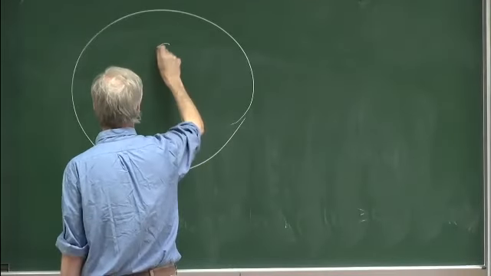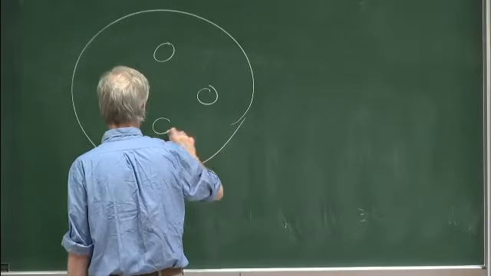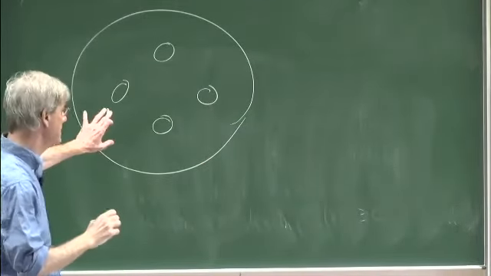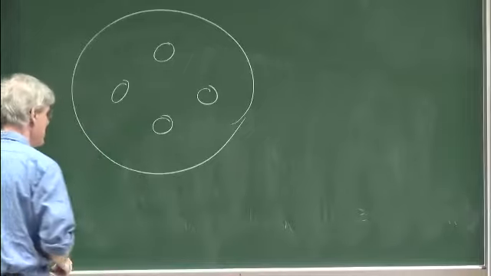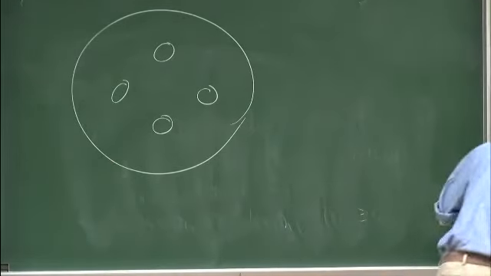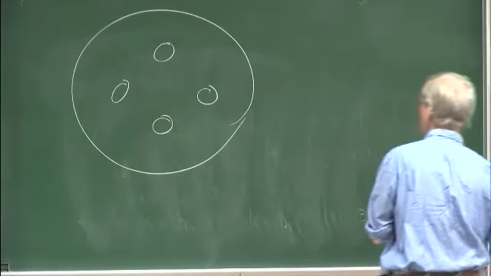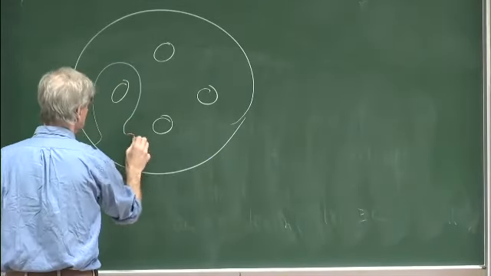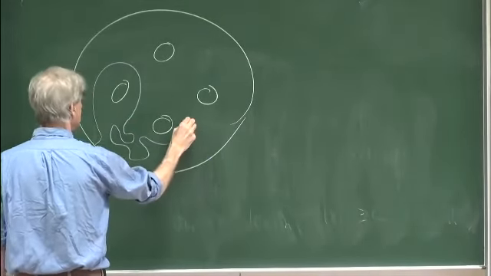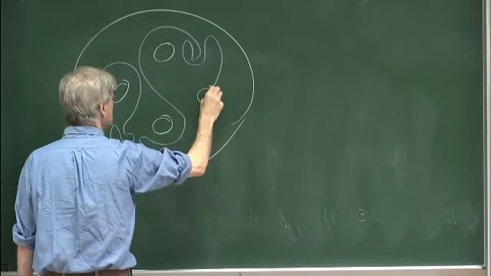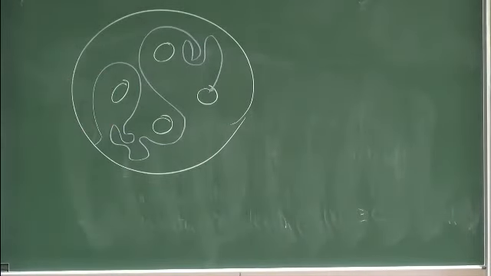So let's put them here, and let me put more in here. These are blocks in the fluid, right? They're obstructions. And then I have some curve that is, say, like that.